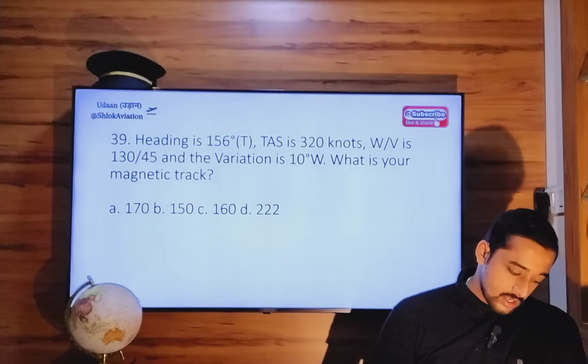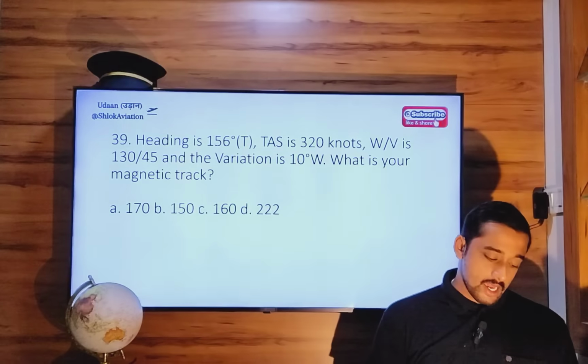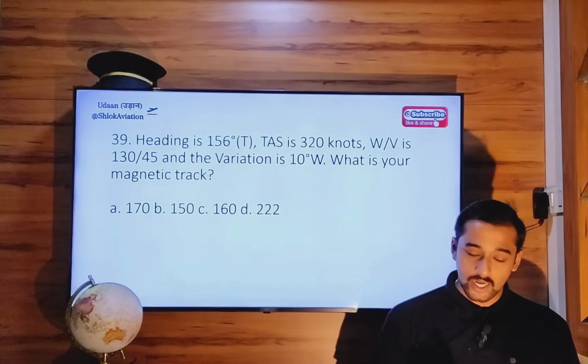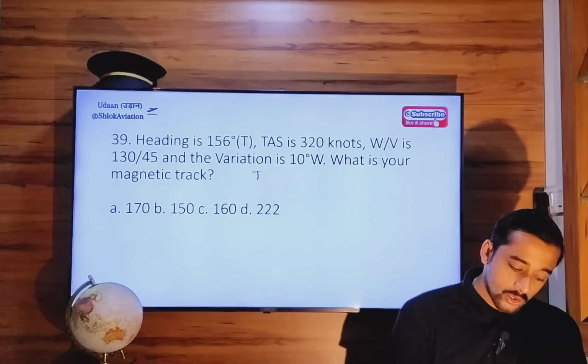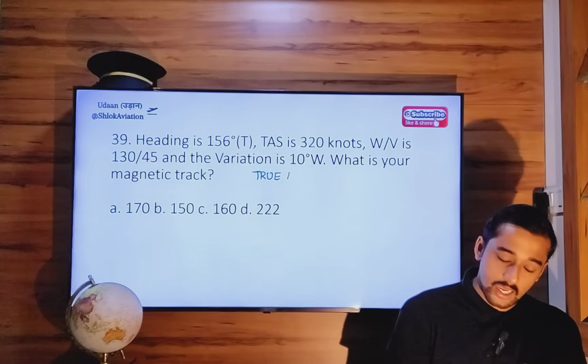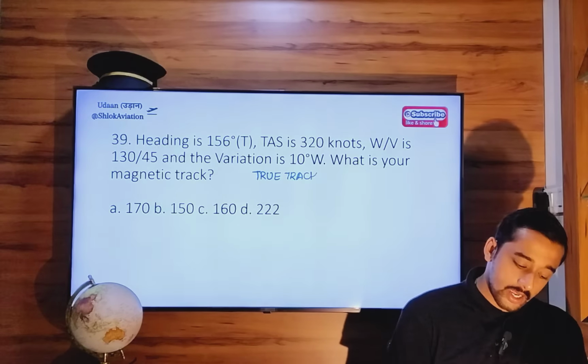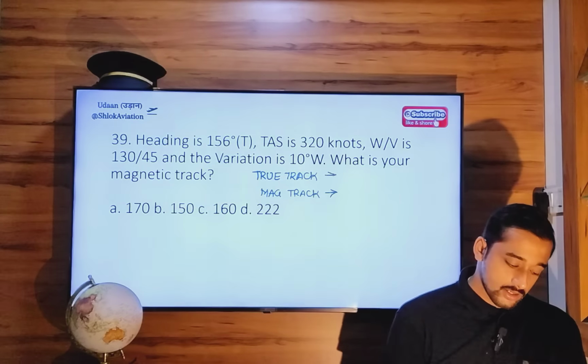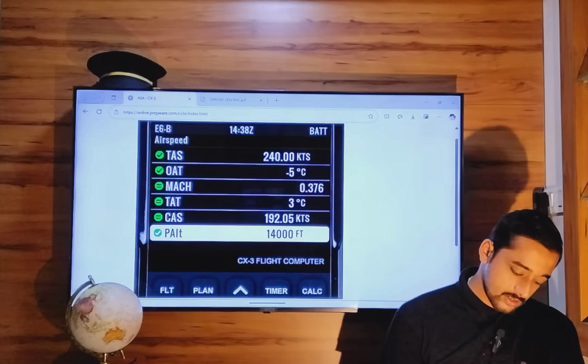Next, question 39. Heading is given in true, task is given, winds are given, and variation is given. What is your magnetic track? So let's first find the true track from CX3 and then convert that true track into magnetic track using variation. So heading is 156.